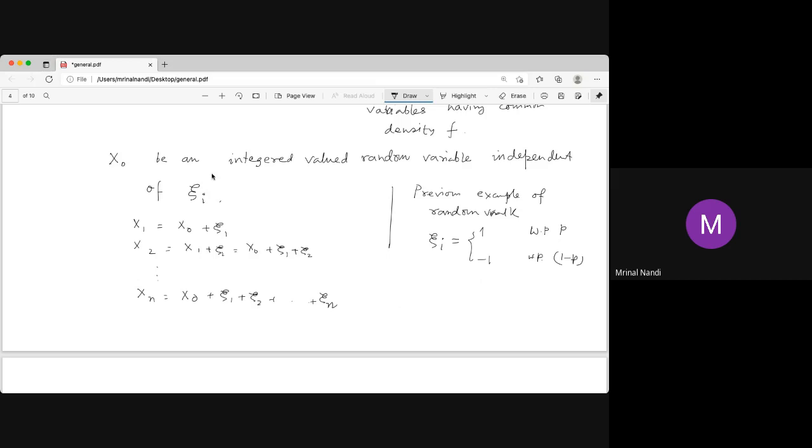Now xi1 may not be just 1 and -1. Xi1 may be, with probability 1/3, 0, with probability 1/3, 1, and with probability 1/3, -1. That means it starts from 0, goes to 1 with probability 1/3, goes to -1 with probability 1/3, and stays there with probability 1/3.